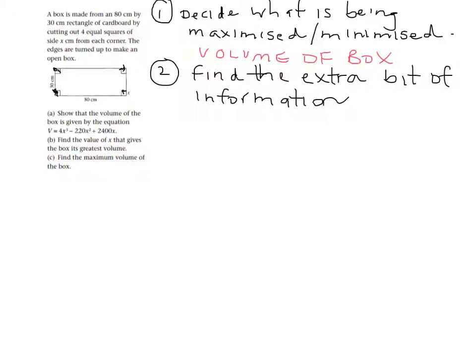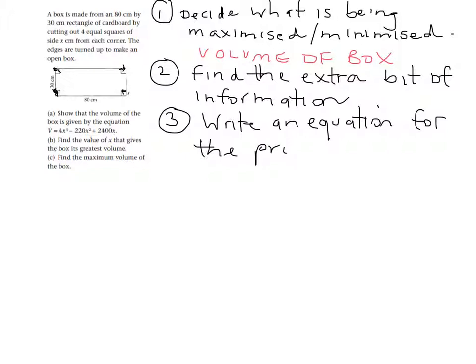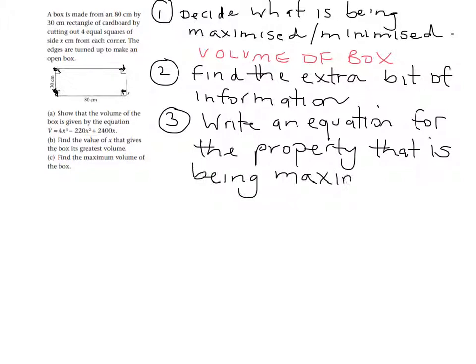Third step is to write an equation for the property that's being maximised or minimised. And in this case it's volume.